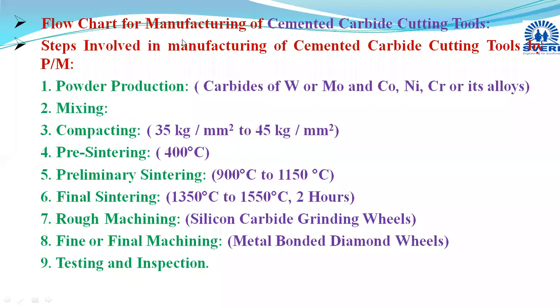Okay, now these cemented carbide cutting tools. Initially you have to decide the powders required for manufacturing of this component. In these cutting tools, we require very high hardness and strength, and it will be provided by the carbides of refractory metals.